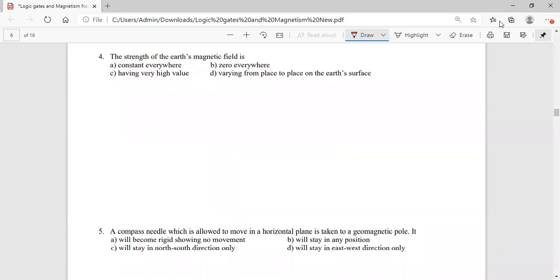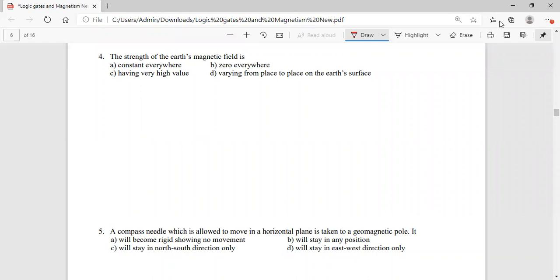Next, fourth one. The strength of the Earth's magnetic field is constant everywhere, zero everywhere, or having very high value. If the Earth's magnetic field is constant everywhere or zero everywhere, then there is no need to define the three Earth elements like declination, inclination, and horizontal component of the Earth's magnetic field.